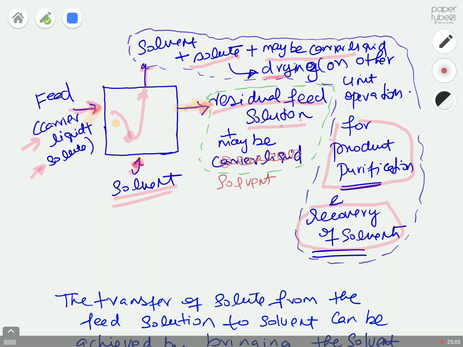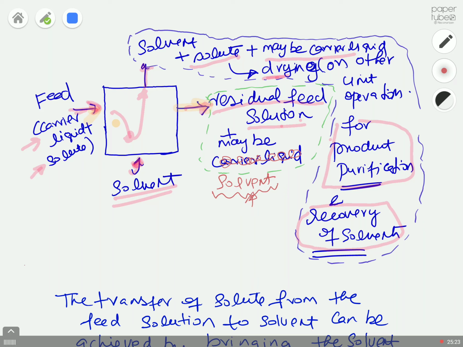If you want to recover the carrier liquid or the solvent, we can go for the process we call distillation. So that's the whole process.